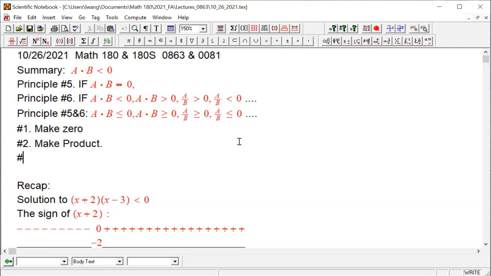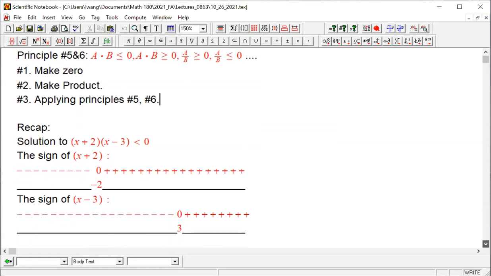And then the rest is just applying principles number 5 and number 6. So these are the major elements I want to point out. Let's take a second look.